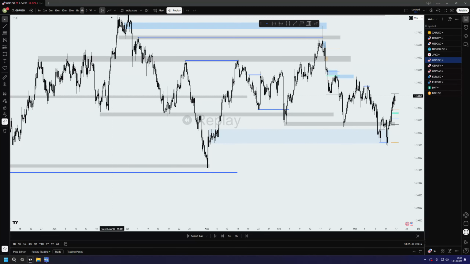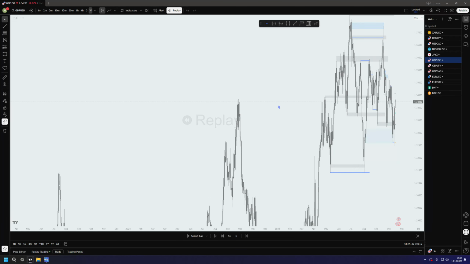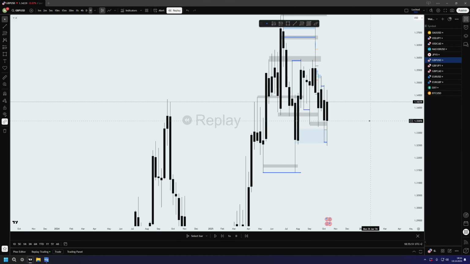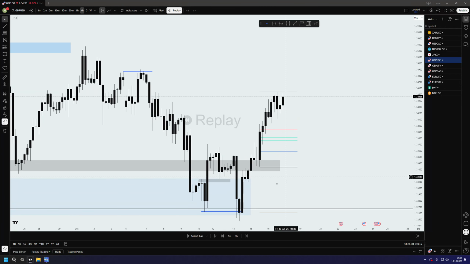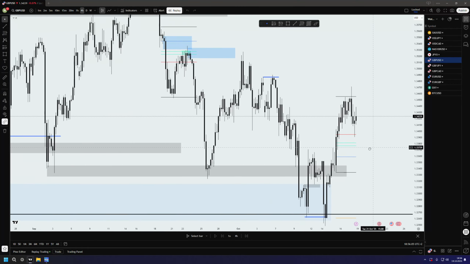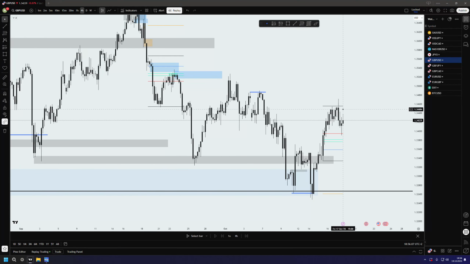So we tapped into this weekly SNR, which is one of my POIs, as I've already talked about in the POI video. Rejected off it. And now I'm gonna look for longs. Okay, and this is the current price.